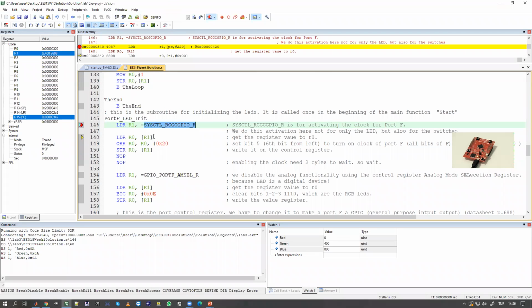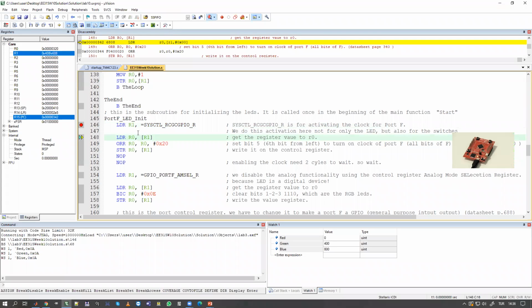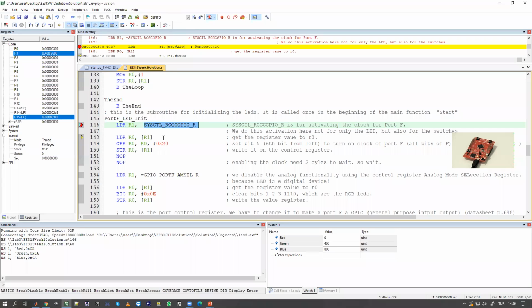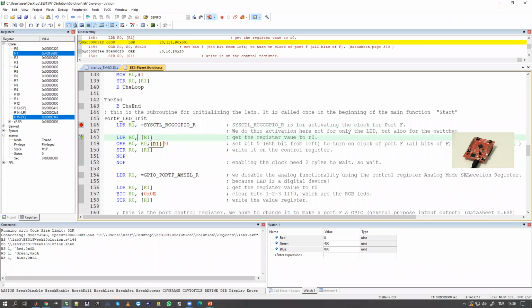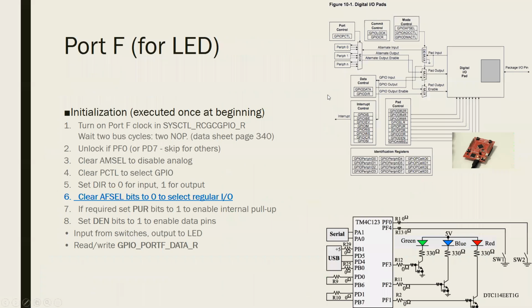Okay. I'm going to be doing an indexed operation and get the values of this register into R0. So what this line does is, I point to R1. R1 is pointing to this register. That's a control register on the microprocessor. This is not on the pad.